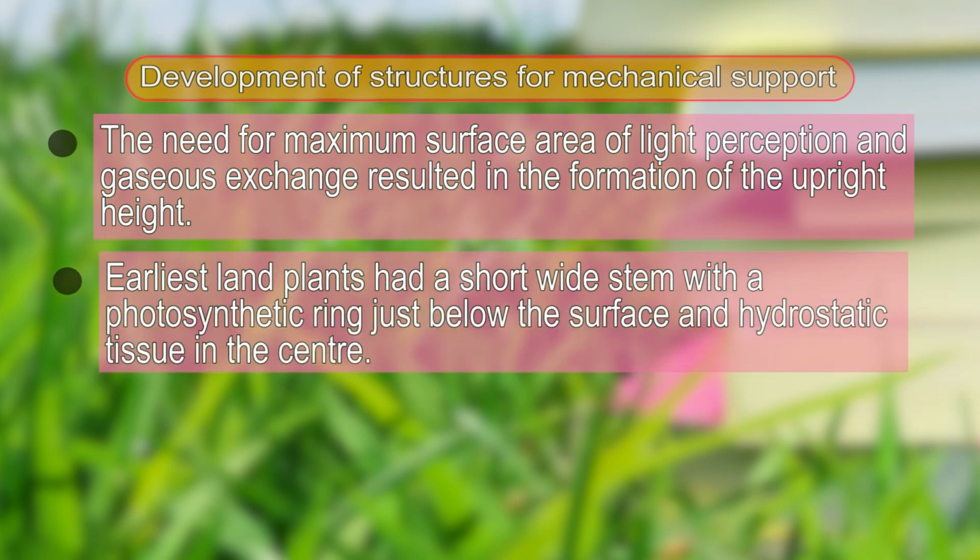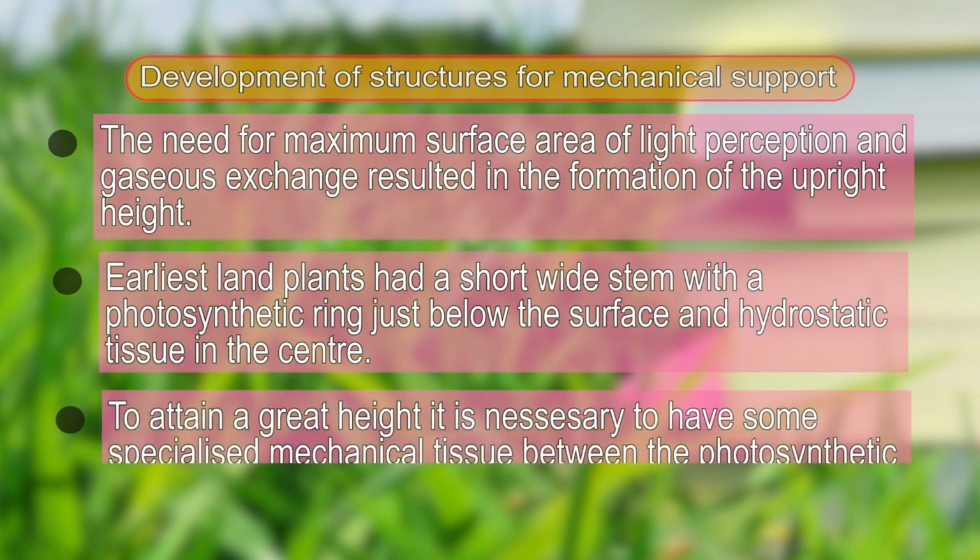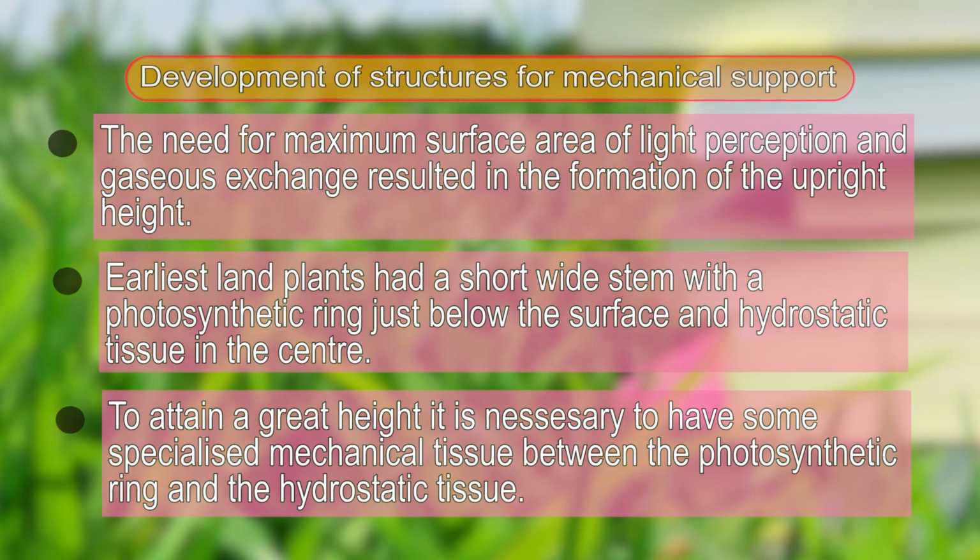Earliest land plants had short, wide stems with a photosynthetic rind just below the surface and hydrostatic tissue in the center. To attain a great height, it is necessary to have some specialized mechanical tissue between the photosynthetic rind and the hydrostatic tissue.